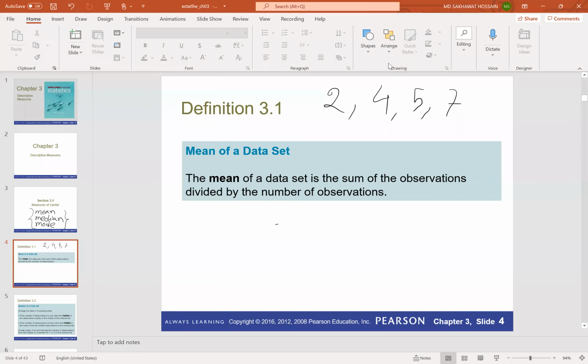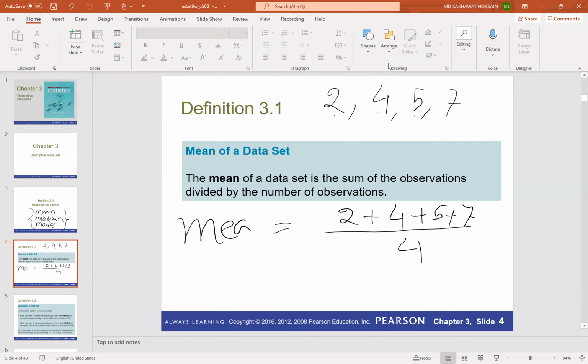To calculate the mean, you have to add all the numbers together: 2 plus 4 plus 5 plus 7, divided by the total number of observations. How many observations do we have here? 1, 2, 3, 4. So divided by 4.